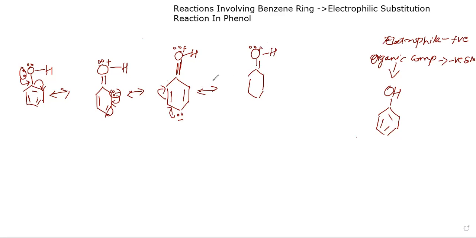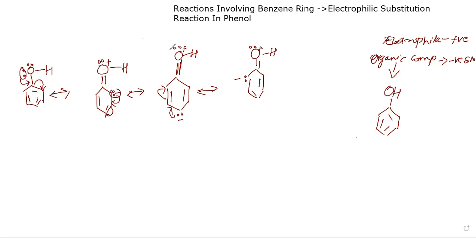So when it moves here, at this point we have a region of high electron density. So now here, this is negative. So these are the various resonance forms.